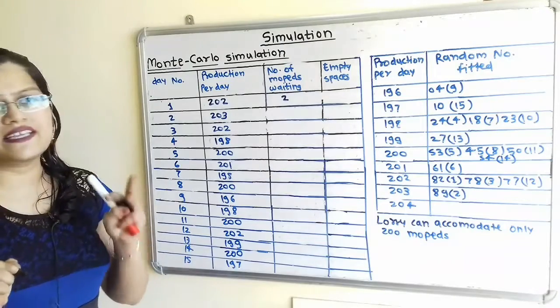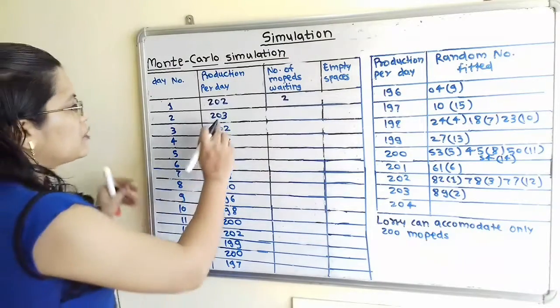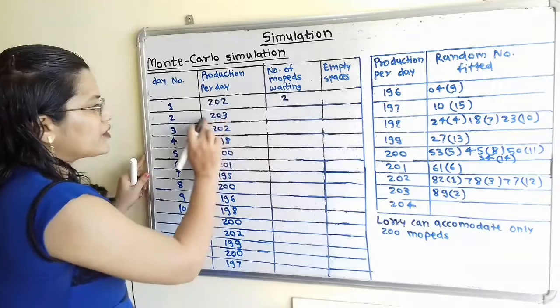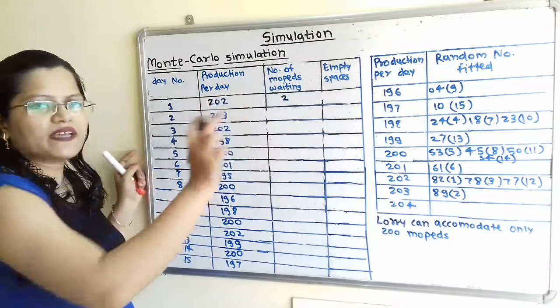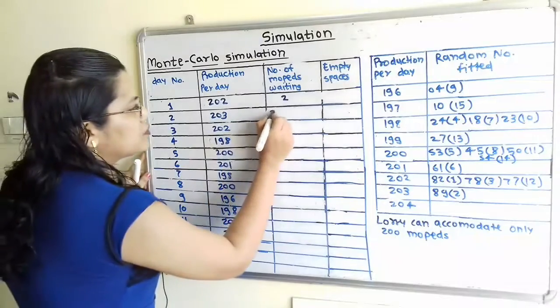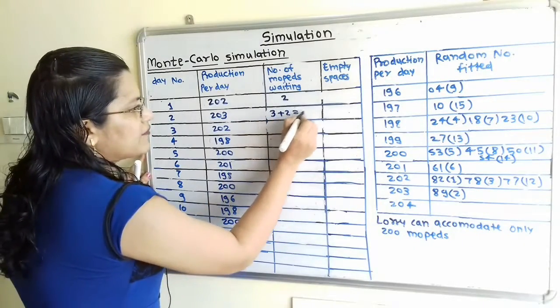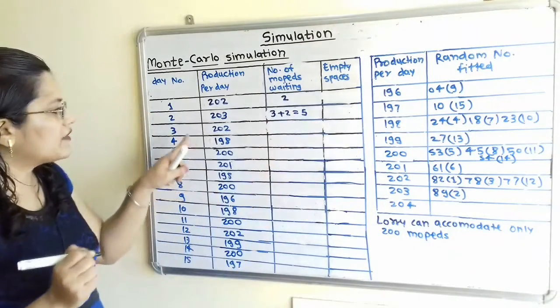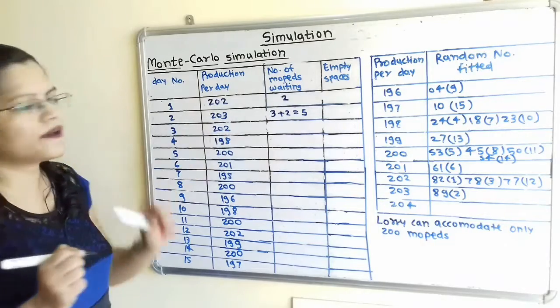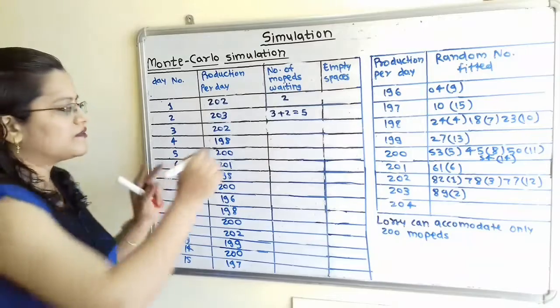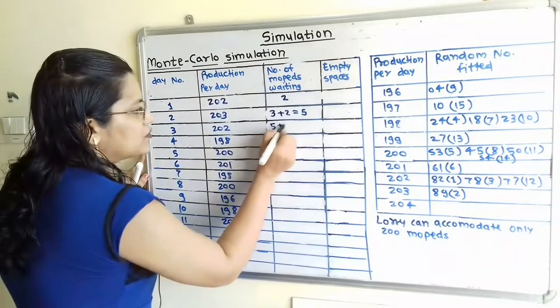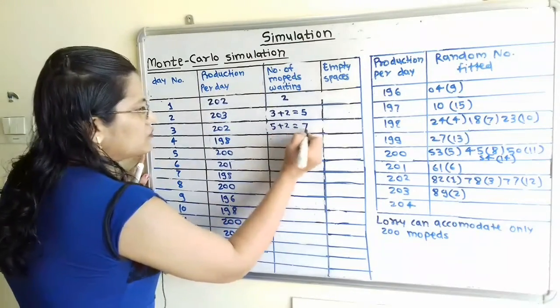That means 3 mopeds waiting. So how to write here? For the second day 3 mopeds waiting, plus 2 from the previous day, that is 3 plus 2, equal to 5. Then for the third day, 2 mopeds waiting, plus the previous 5, that is 5 plus 2, equal to 7.